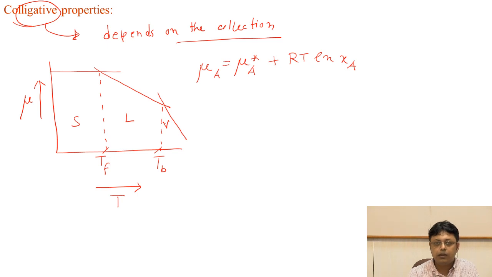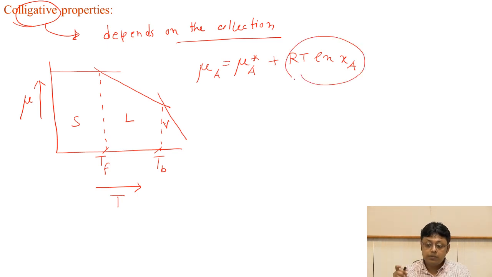If it is in pure form, then XA is equal to 1, which means mu a is equal to mu a star. With addition of a pinch of salt, XA will change; it will drop from 1, which means this quantity will be negative, which means mu a will be less than mu a star.